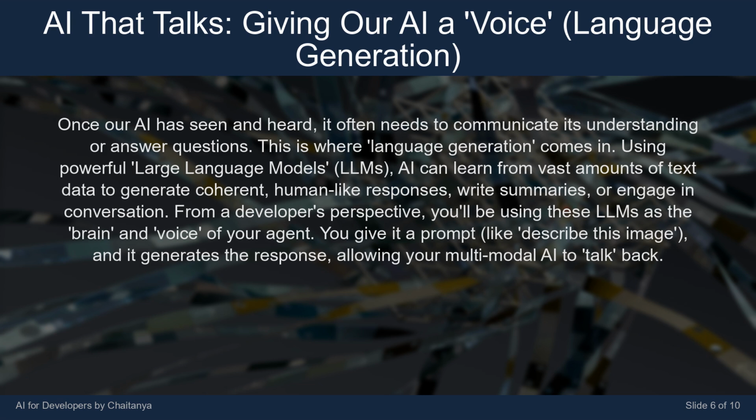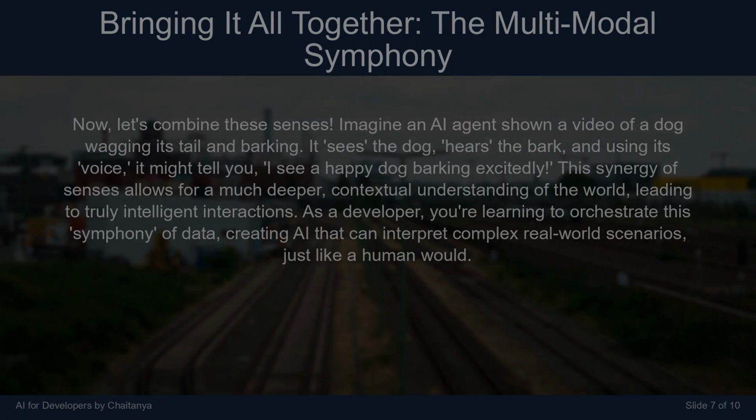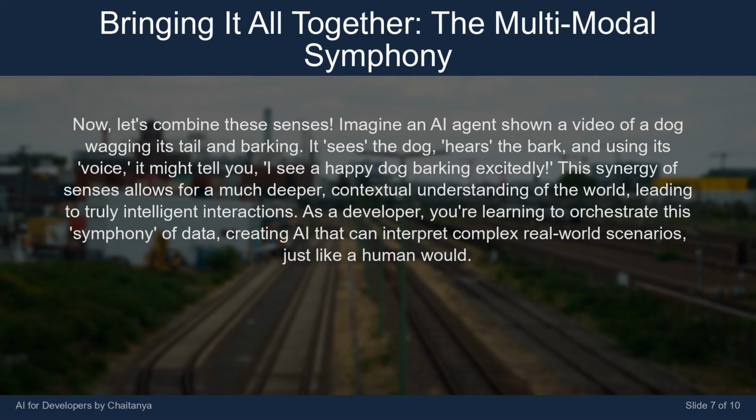From a developer's perspective, you'll be using these LLMs as the brain and voice of your agent. You give it a prompt, like describe this image, and it generates the response, allowing your multimodal AI to talk back.